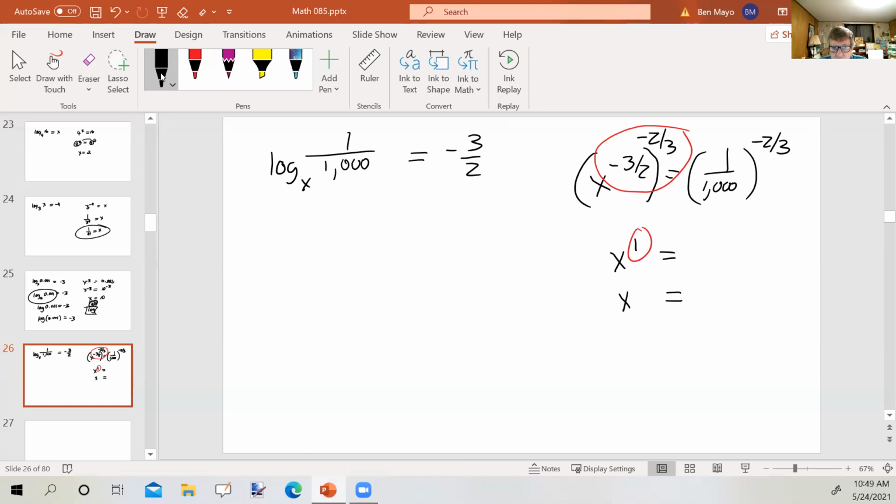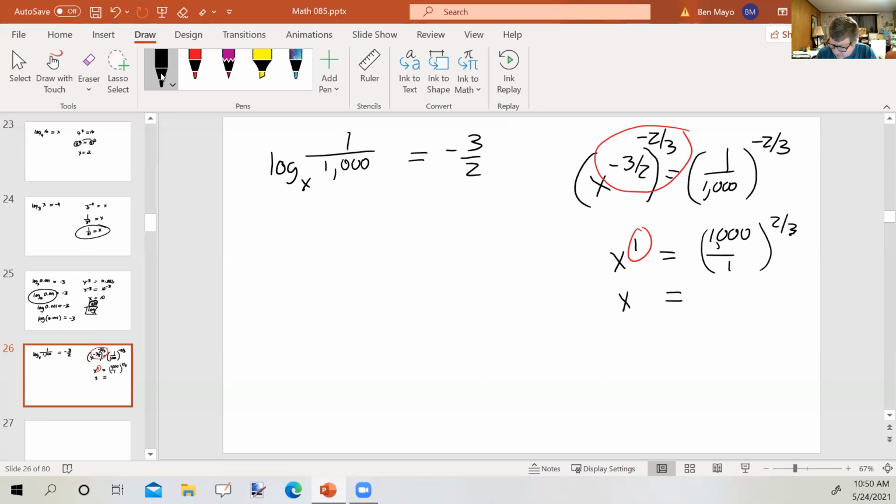So now let's deal with the right side of the equation, where I have 1 over 1,000 to the -3 halves power. That would be the same thing as 1,000 over 1 to the 2/3 power. I think I said -3/2.